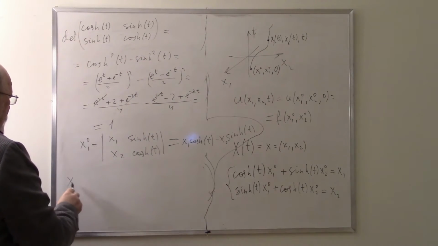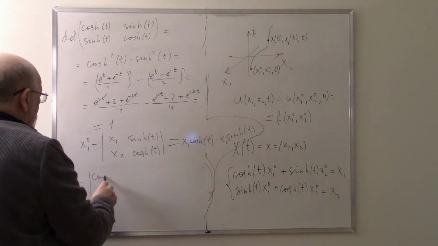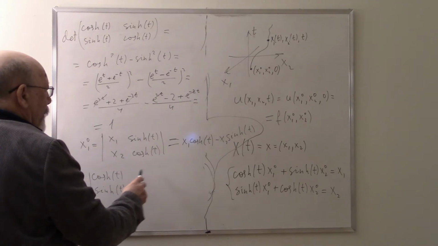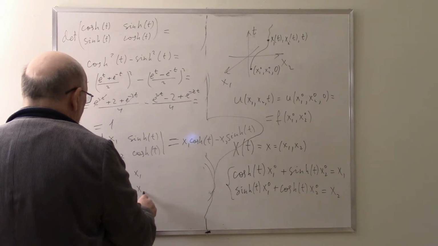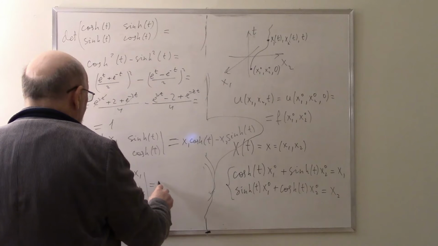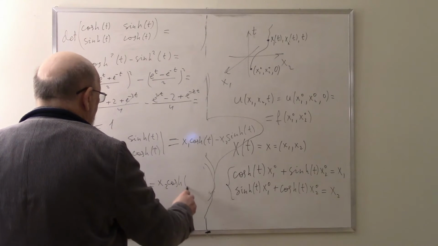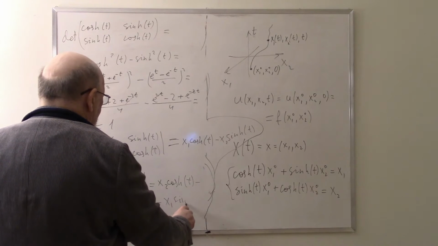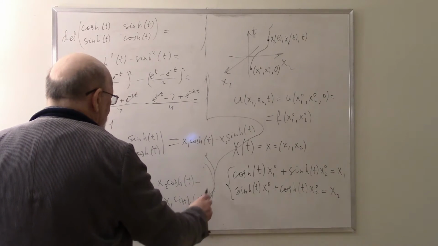And x2 0 equals the determinant of cosine hyperbolic of t, sine hyperbolic of t, x1, x2, which equals x2 cosine hyperbolic of t minus x1 sine hyperbolic of t.